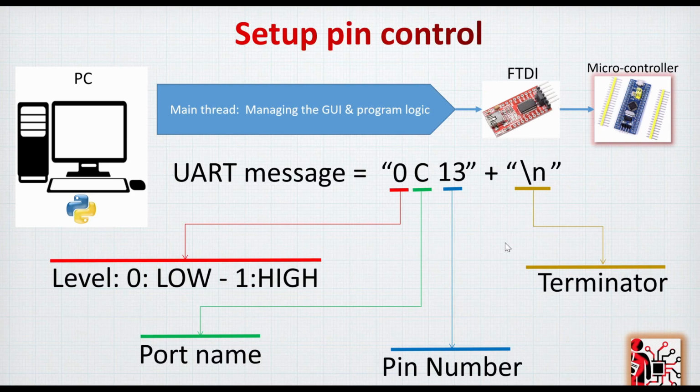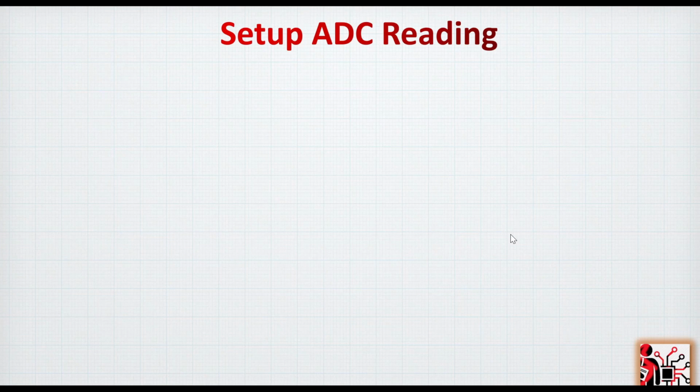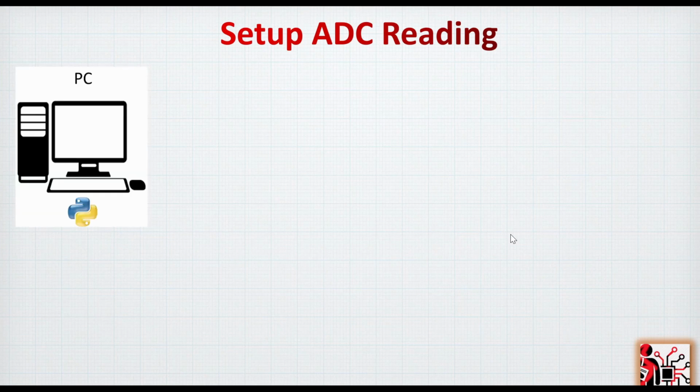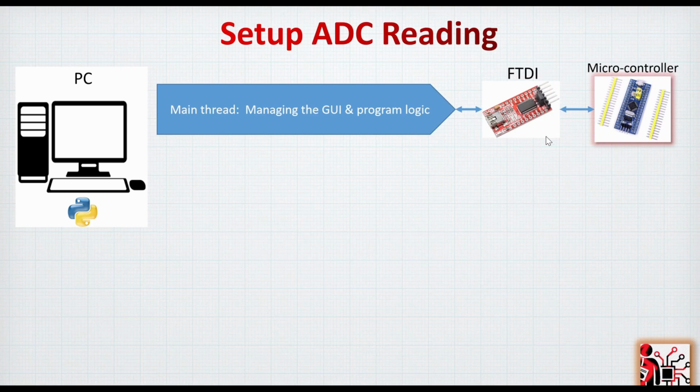So this is the previous way where we created a message. You can guess now, if we would like to set up the ADC reading, we are going to use the same logic. The PC will send the data to the FTDI to the microcontroller. However, this time it's a bidirectional communication. The message that the PC will be sending will be almost exactly the same as the previous one.